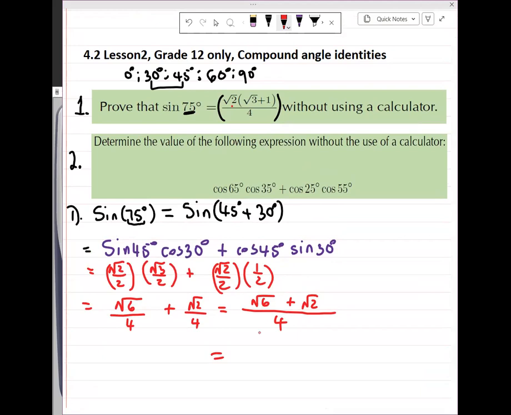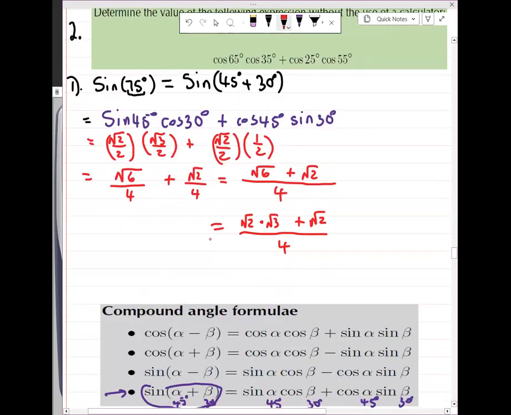You are going to break square root of 6 into square root of 2 multiplied by square root of 3. Remember, 6 is 2 times 3, and according to the laws of exponents, I can write it in this form. Then plus square root of 2, all over 4. From here, I can factorize a common factor out, which is square root of 2.